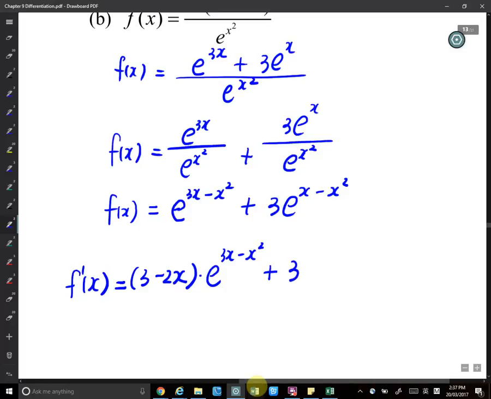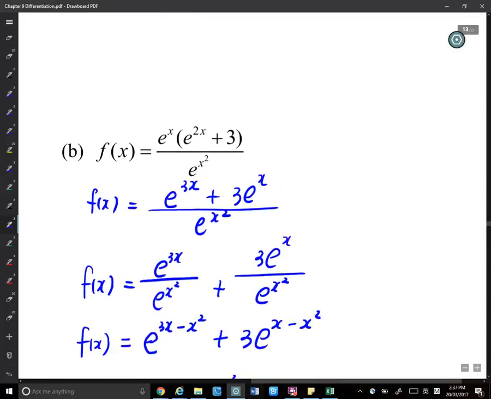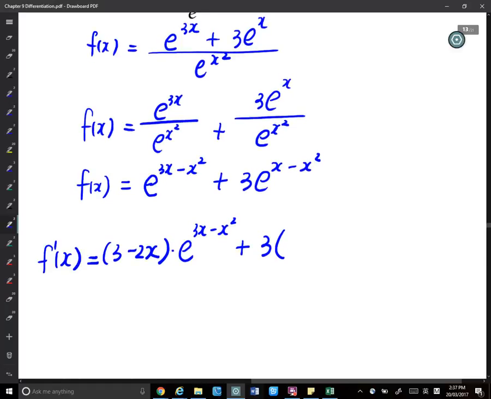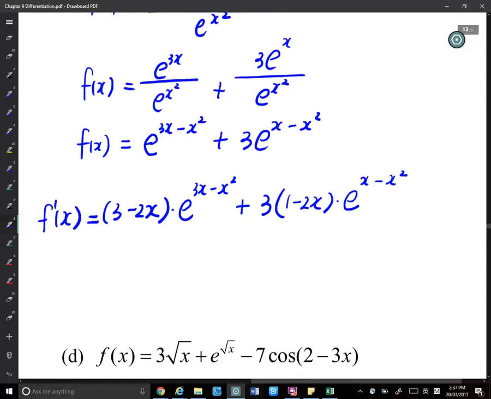Plus 3 times what? Okay, 3 times, that's 1 minus 2x. You derive that, that becomes 1 minus 2x, times e to the power of that.